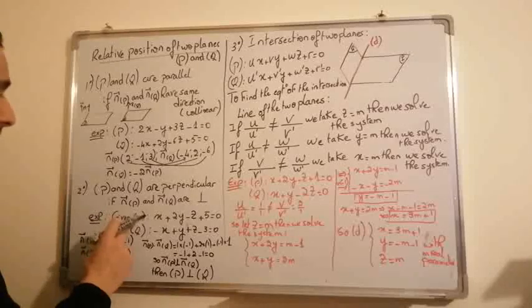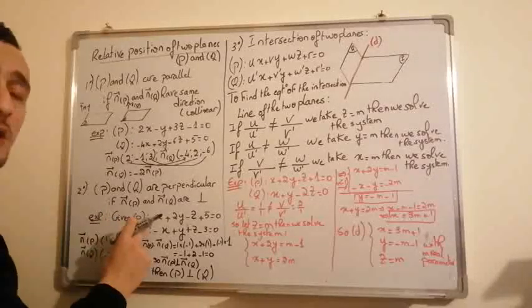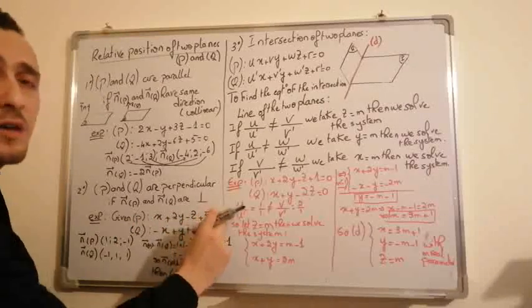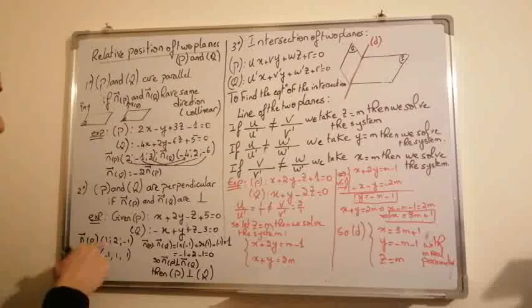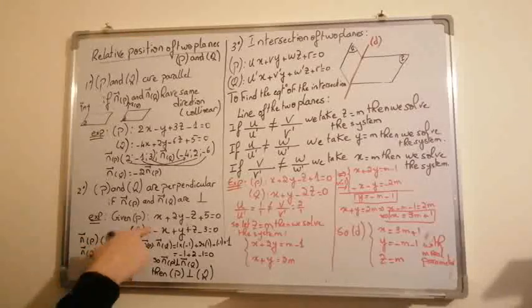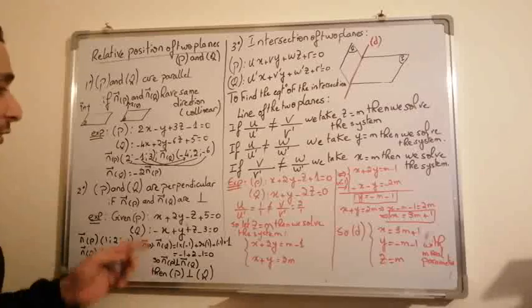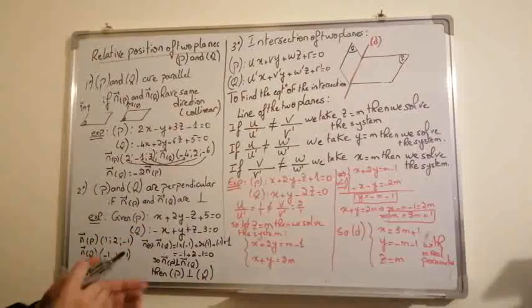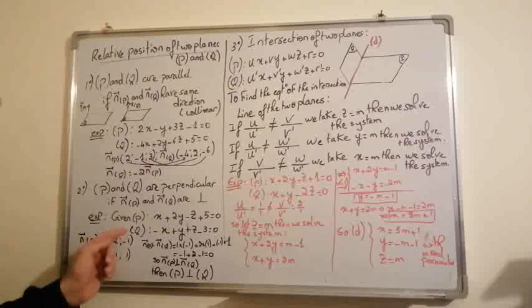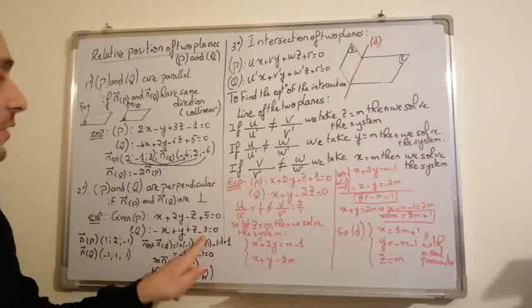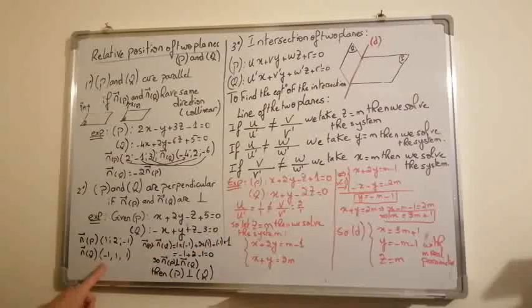In this example, given the equation of plane P, x plus 2y minus z plus 5 equals 0, the normal of plane P is (1, 2, -1). The equation of plane Q is minus x plus y plus z minus 3 equals 0, so its normal vector is (-1, 1, 1).